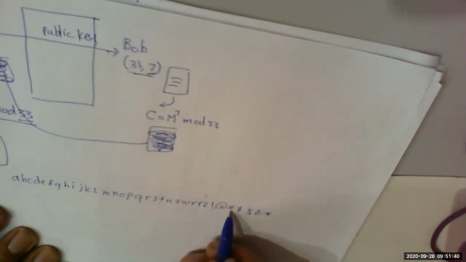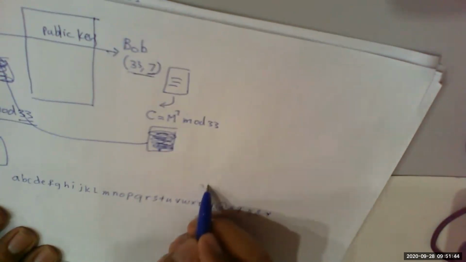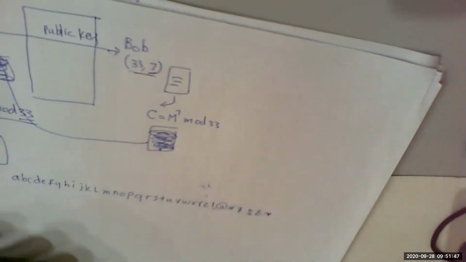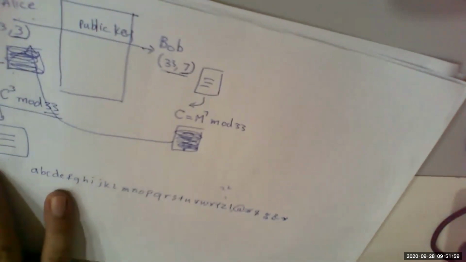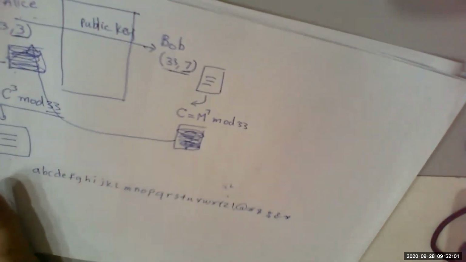This is 1, 2, 3, 4, 5, 6, 7. 7 added to 26 gives us 33. These are the letters that we want to use as our alphabet.